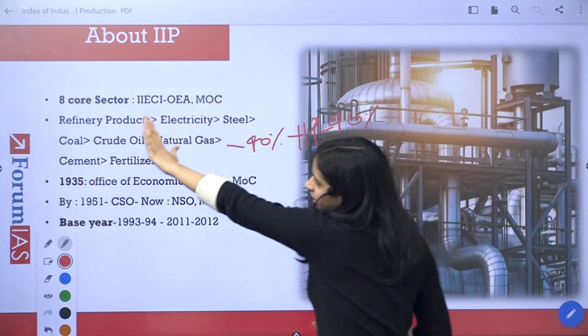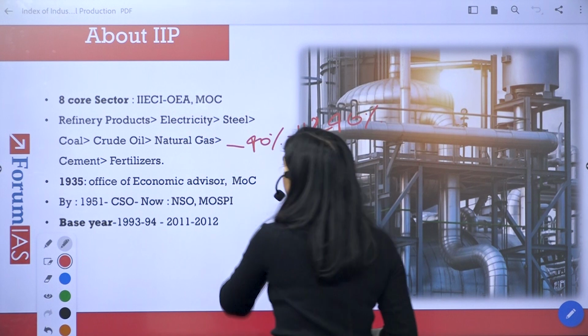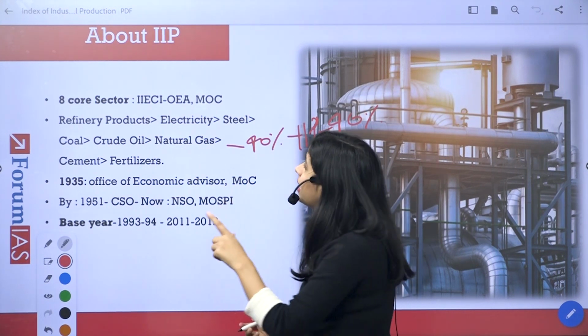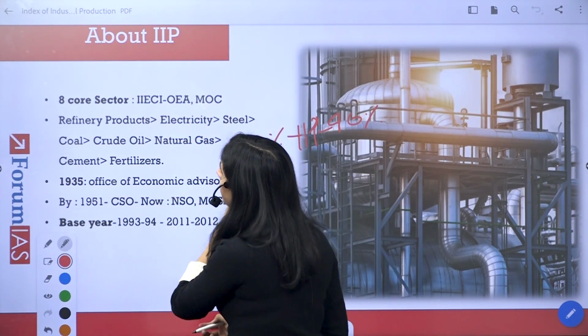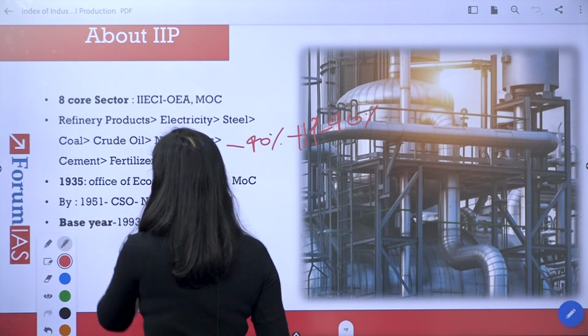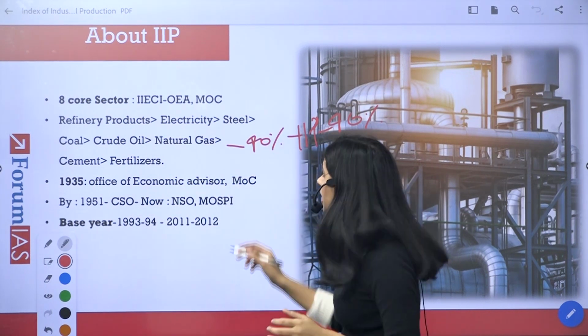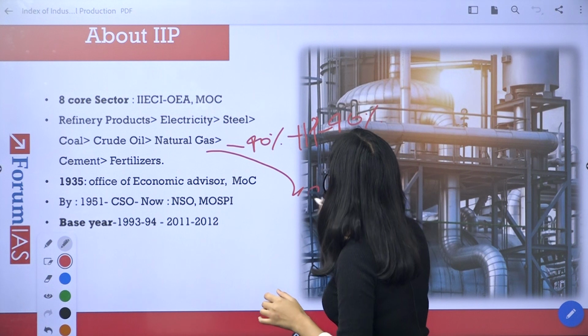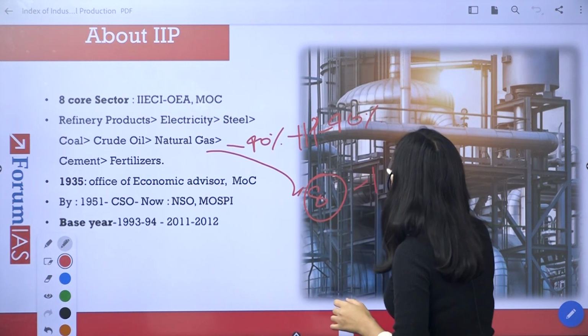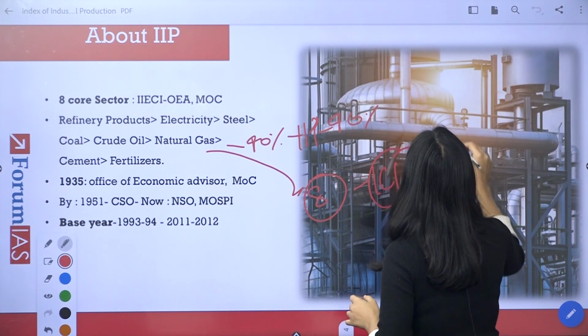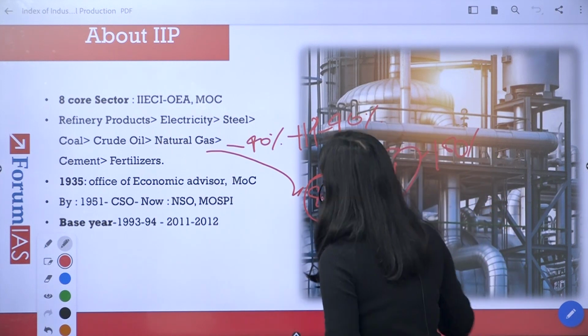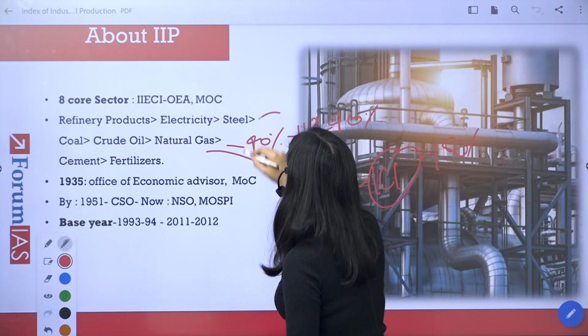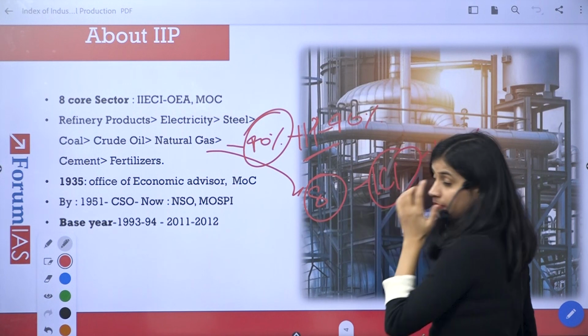But the 8 core industries constitute only 40% of the index. On the other hand, the second index, your Index of 8 Core Industries, consists entirely of these 8 core industries only. ICI is 100% made up of only these 8 core industries. On the other hand, for IIP, only 40% weightage goes to this.